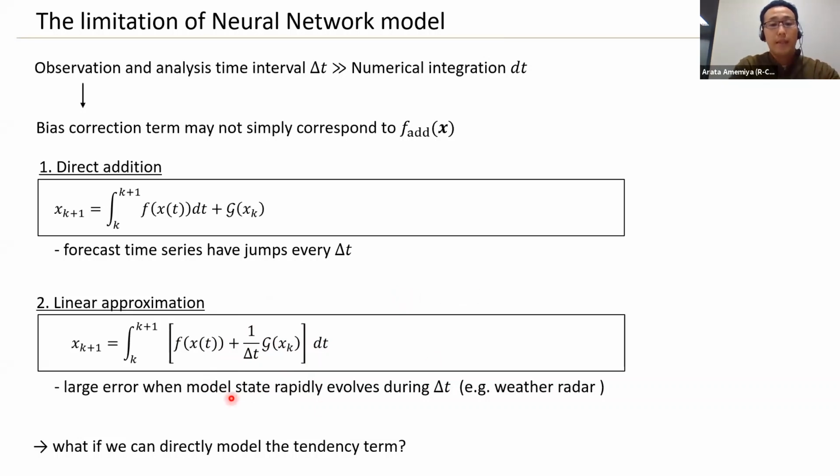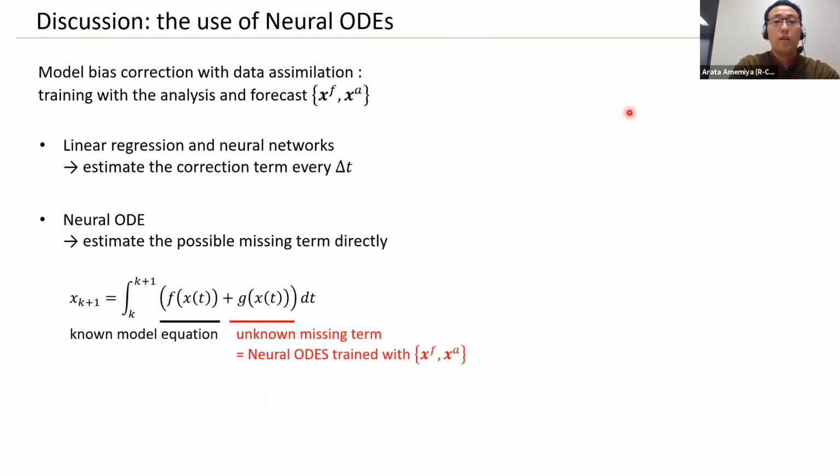So our suggestion is, what if we can directly model the tendency term by neural ODEs.